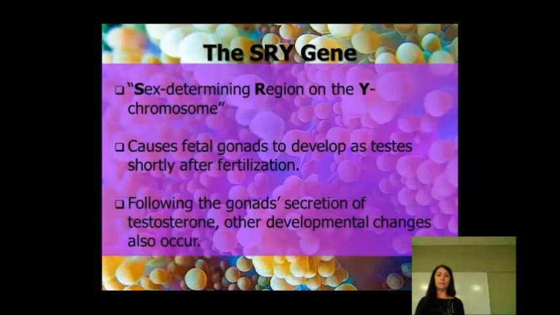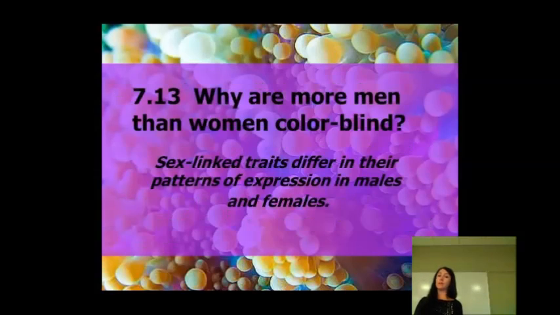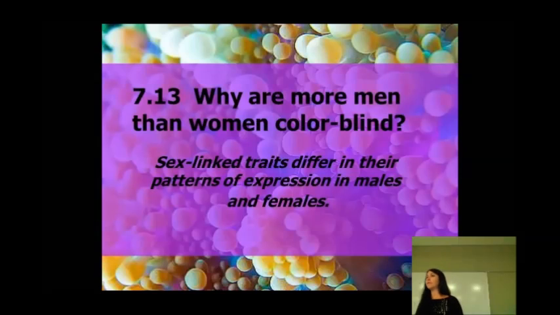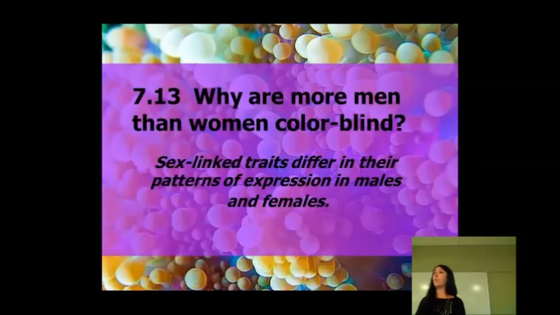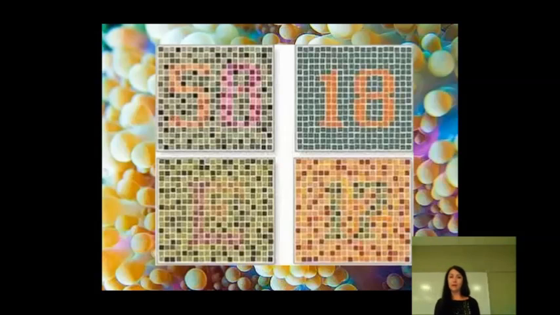And so this affects a lot of developmental changes. And one of those developmental changes is the way that the rods and the cones are developed within the eye. So one of the reasons why more men are colorblind than women is because it's expressed differently in males.